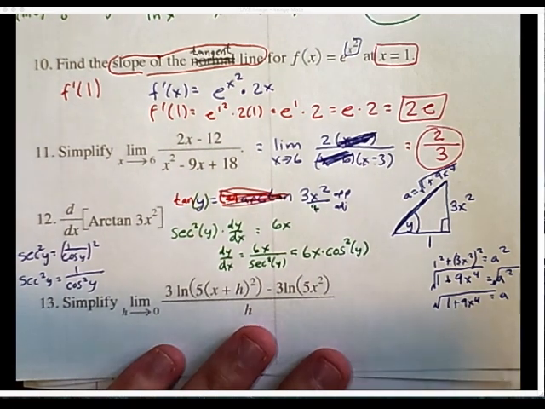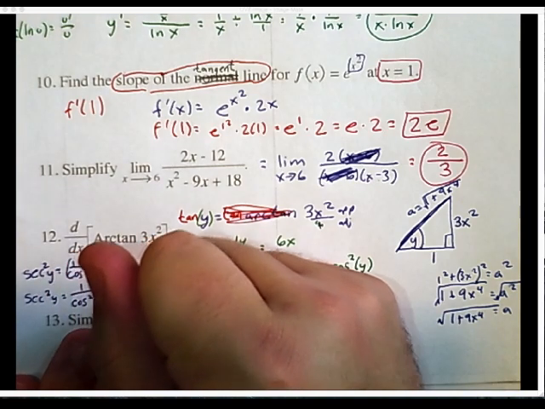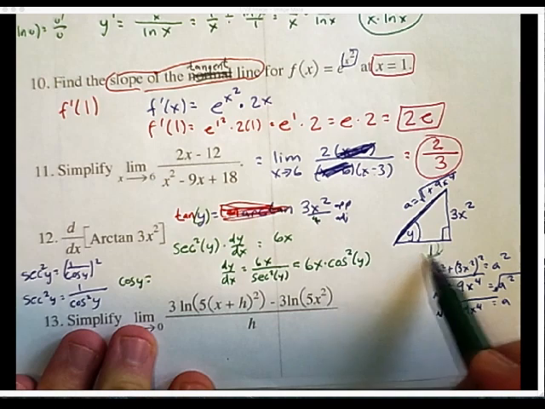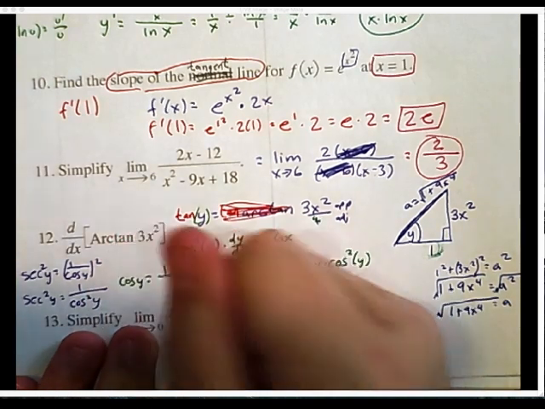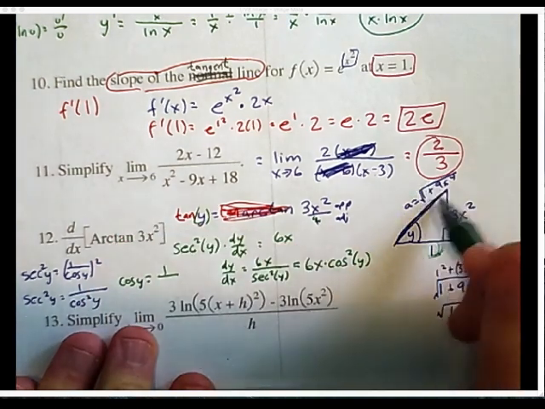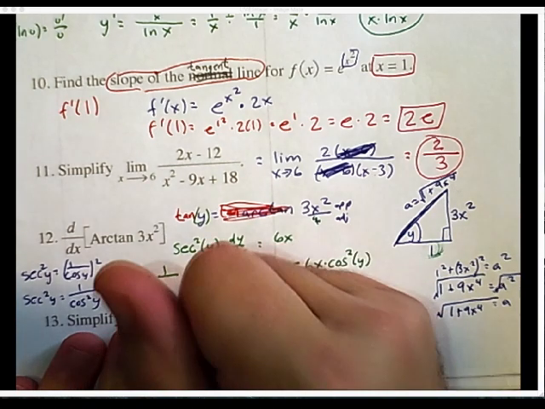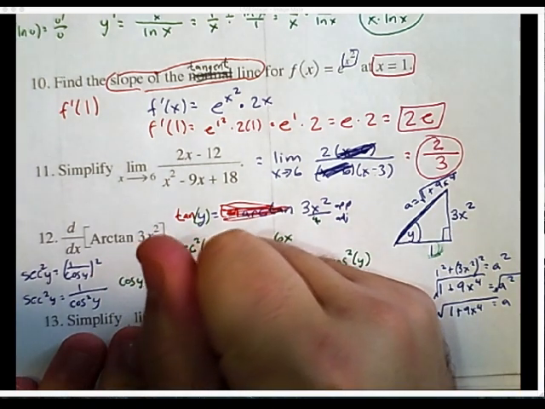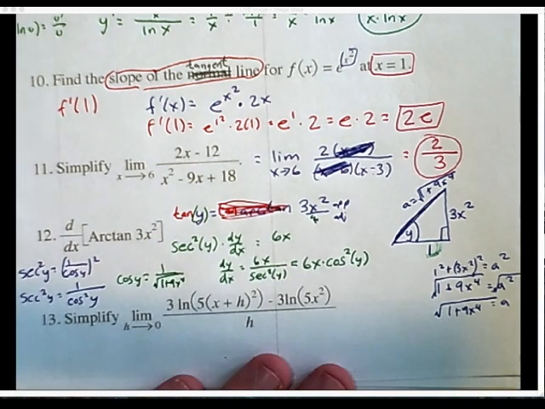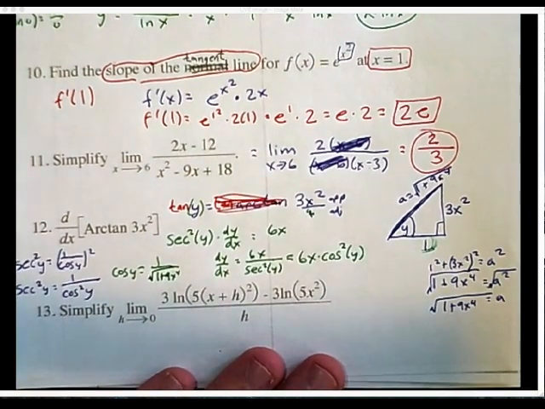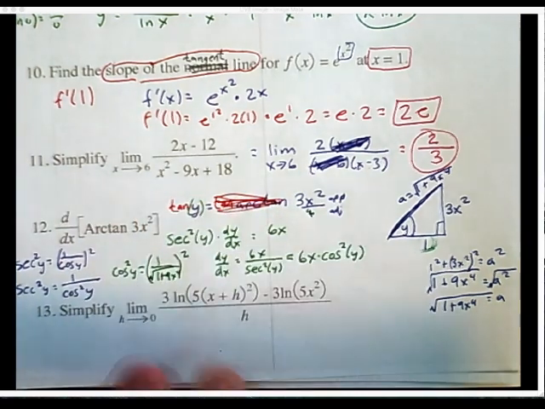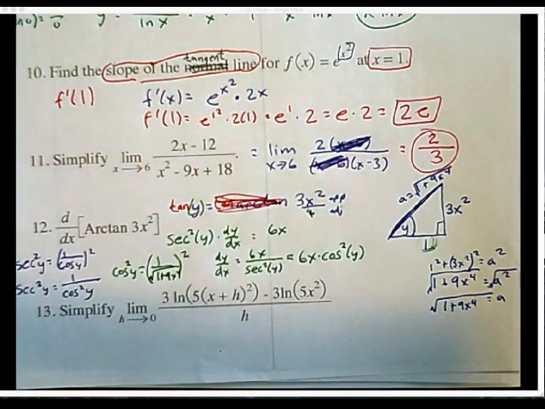But what's the cosine of y? Cosine of y is adjacent, 1, over the hypotenuse, the square root of 1 plus 9x to the 4th. So if you square this, you would have to square that side.